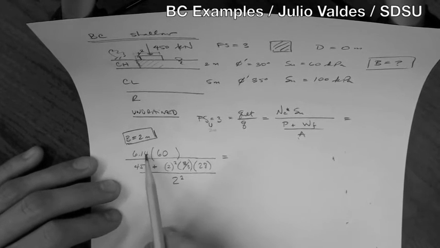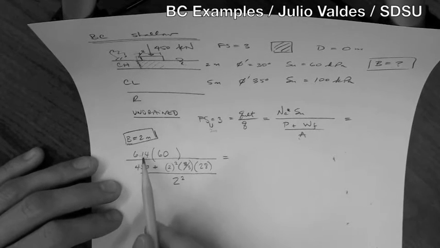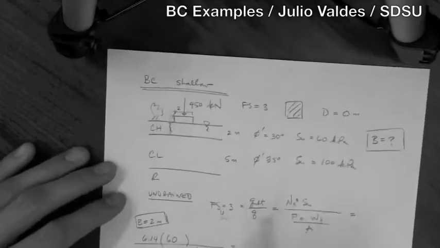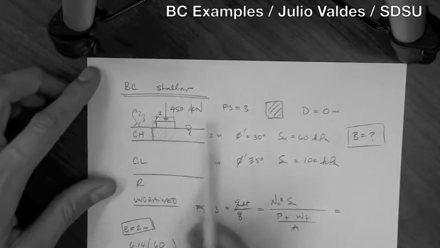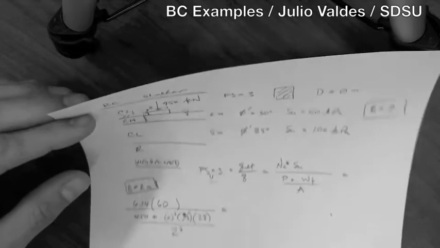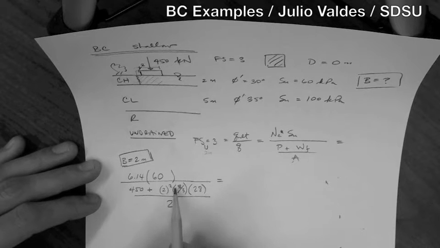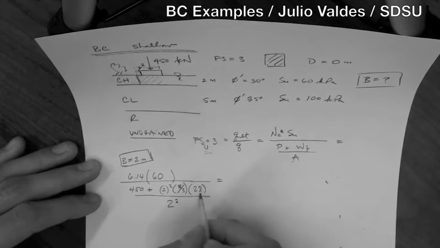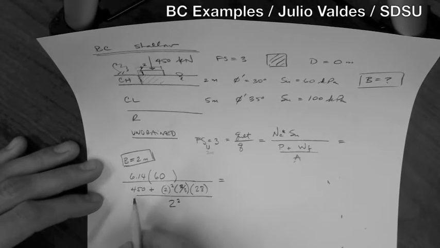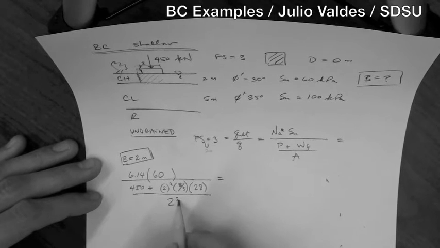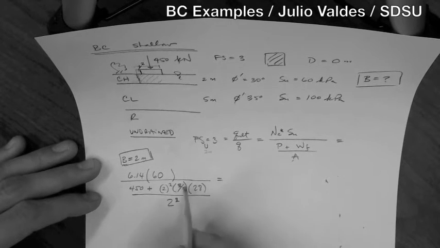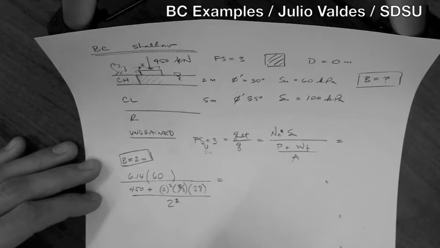So again, 6.14 is the NC star for a square foundation. 60 is the 60 kPa for this layer, which comprises the whole influence zone. 450 is the load, and then 2 squared times a third of 2, that's the thickness right here, this is the base area, times the unit weight of concrete, all that divided by the area of the foundation, B squared, gives you Q. So Q ultimate over Q.